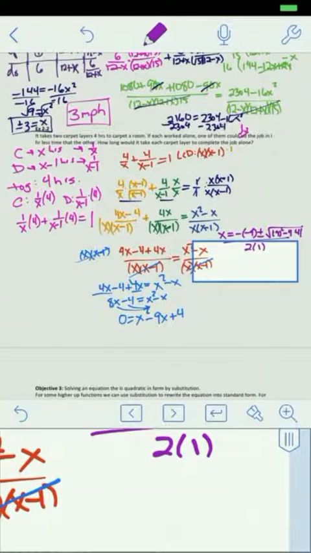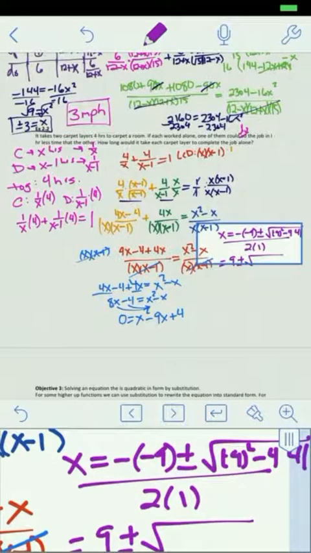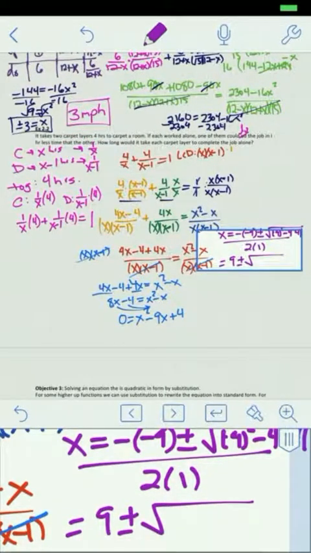Negative 9 ends up giving me a 9 plus or minus the square root of 81, which is 9 squared, minus 16, which would be 65.